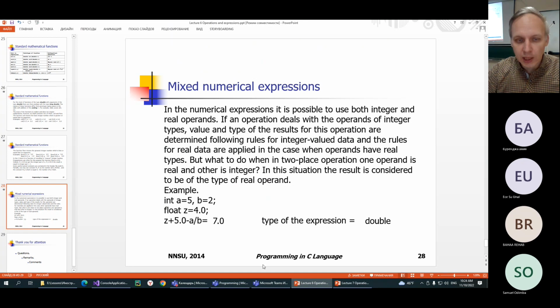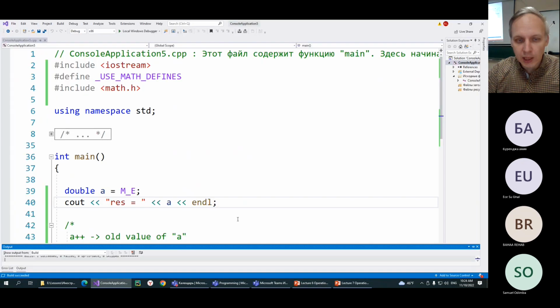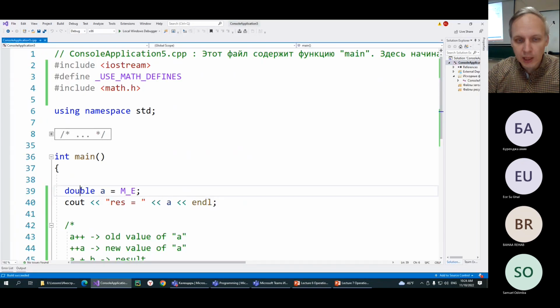And in the case when you write a constant, this constant is considered to be double. So if you write float a, for example, equals 1.1, in this case, the variable a will have the data type float, but the constant 1.1 will be double.